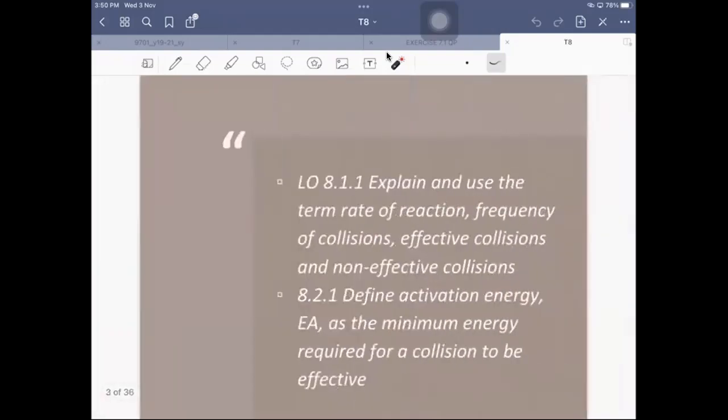Okay. The first learning objective that we are going to look at is explain and use the term rate of reaction, frequency of collisions, effective collisions, and non-effective collisions, or sometimes called ineffective or unsuccessful. Okay, and then you want to define activation energy. The symbol is EA, as the minimum energy required for a collision to be effective.